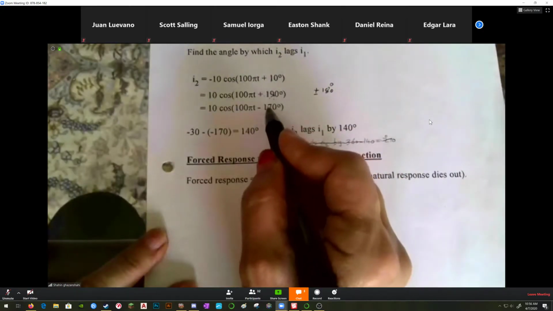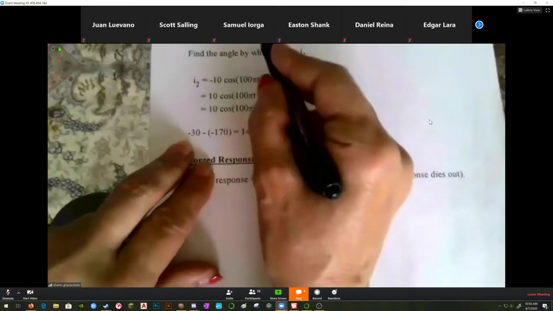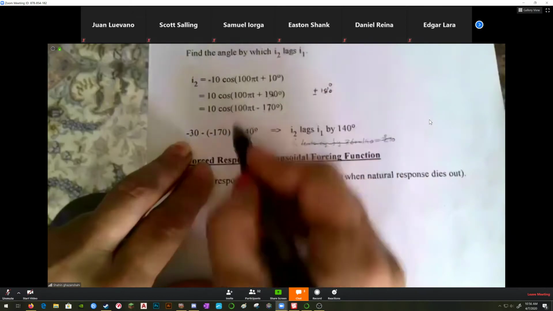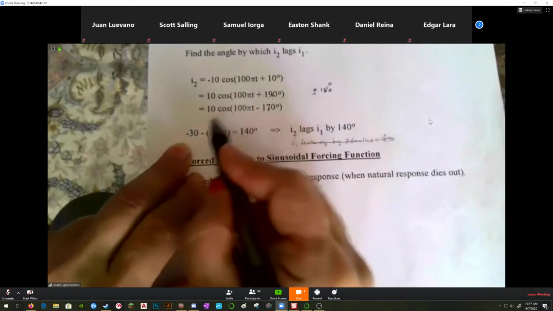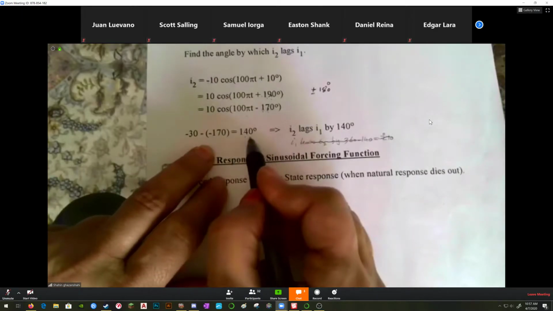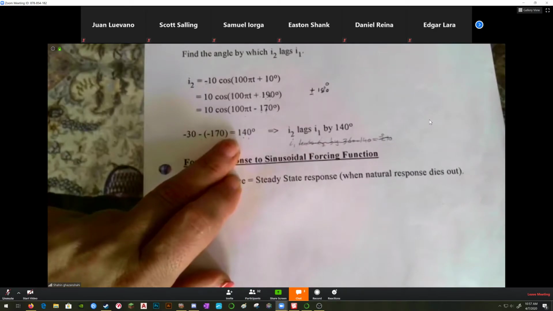Okay, if I use this, for example, now you want to measure the phase angle difference between this and this. So it's going to be what? 140 degrees. This is minus 30, minus 170 comes to 140 degrees. Now, which one is leading?